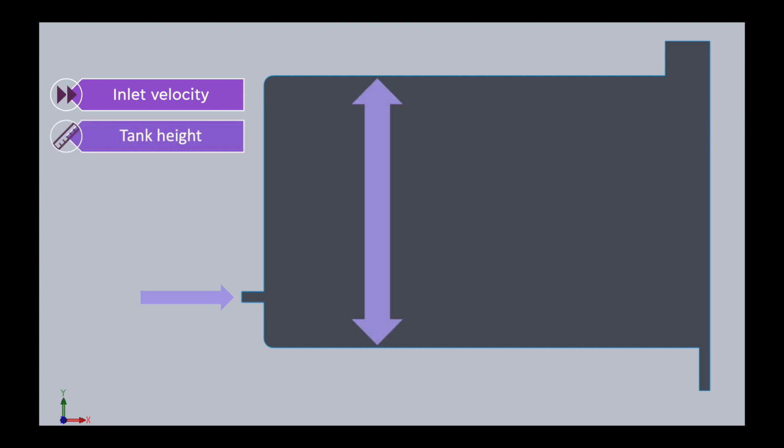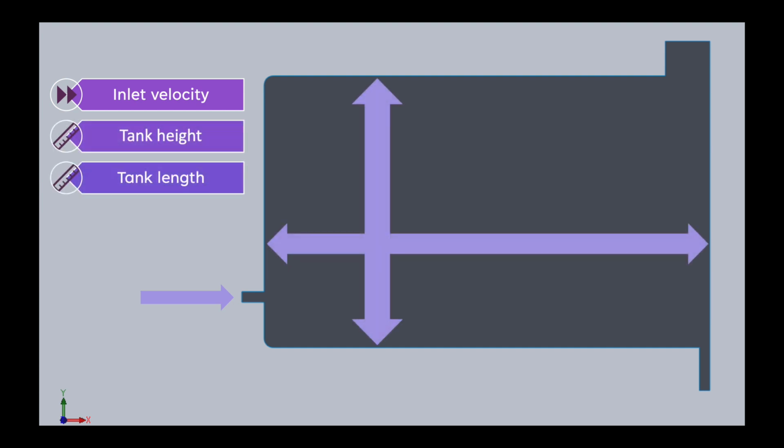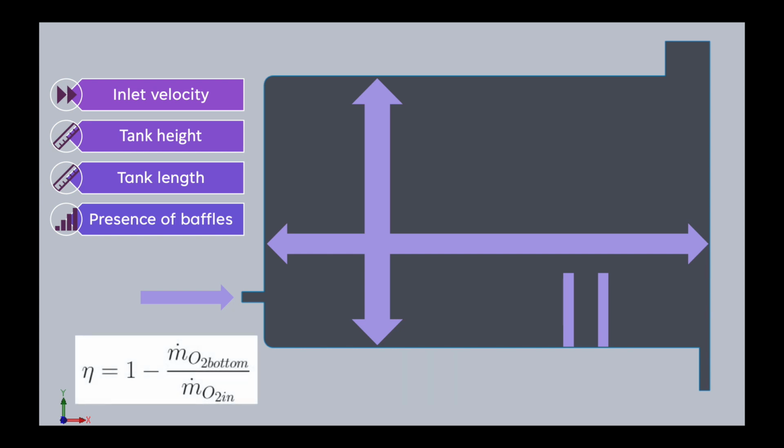The metrics mentioned in the last slide are inlet velocity, tank height, tank length, and presence of baffles. These were selected as they were observed to have the most impact on separation efficiency. Our team defined efficiency by focusing on oxygen flow through the water outlet pipe, and it is therefore defined as 1 minus the mass flow of oxygen from the bottom of the tank divided by the oxygen flowing into the tank.